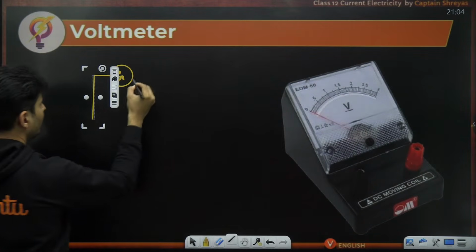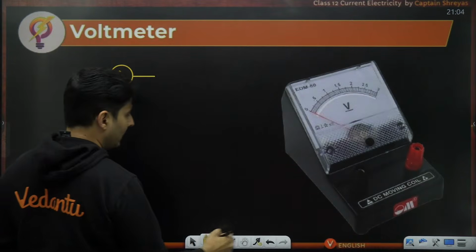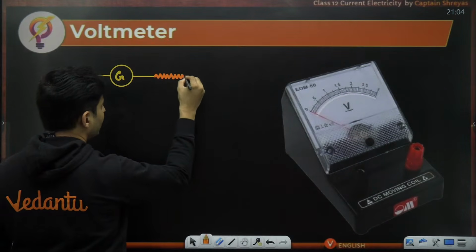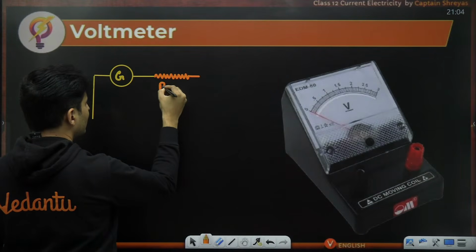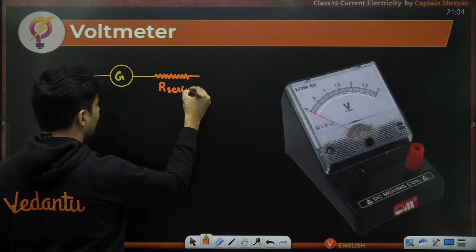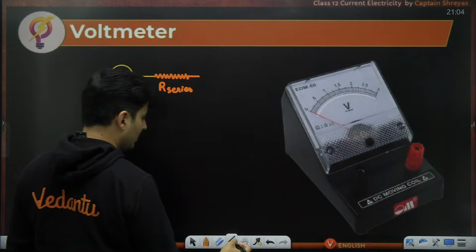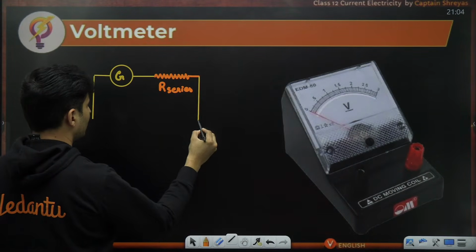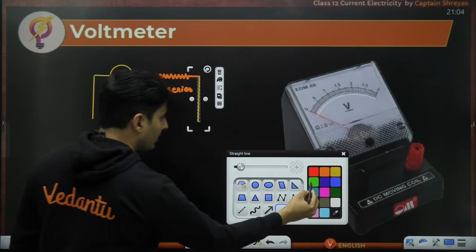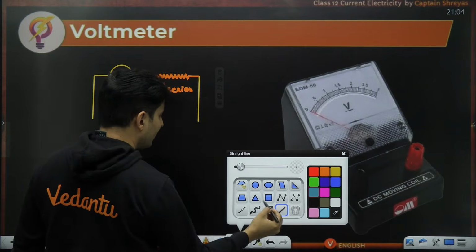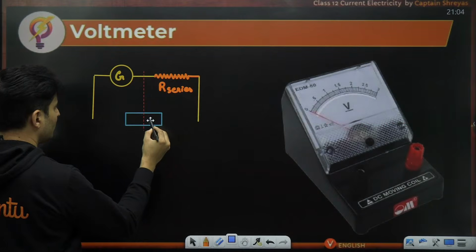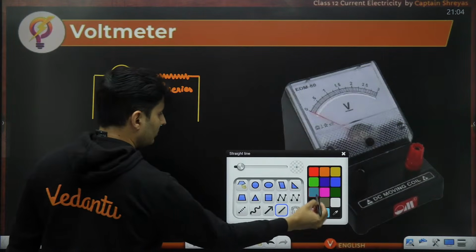So along with the galvanometer, you connect another big resistance. This is your series resistance. You connect your series resistance over here, and let your device be here, across which you want to measure the voltage.